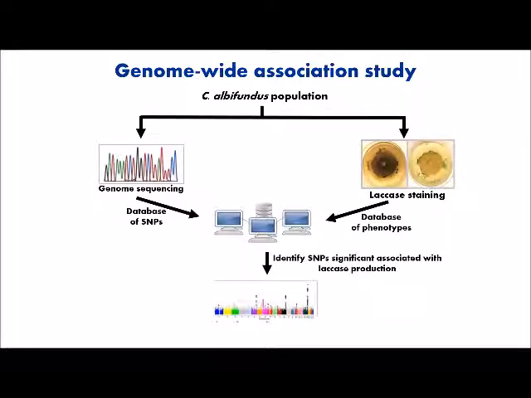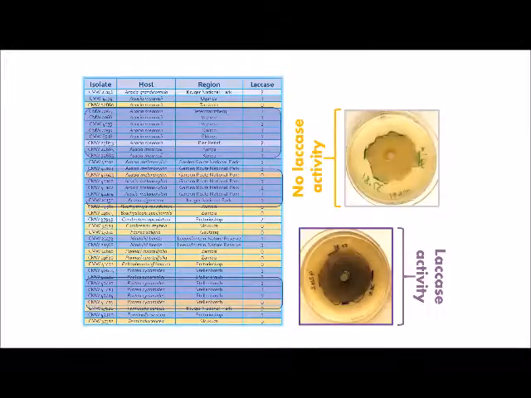The first part of the methodology is genome-wide association studies, for which the SNPs were identified using Golden Helix SVS, and we also observed that the genomic composition of the pathogenic and non-pathogenic Ceratocystis albifundus were different. The fungus that was isolated from the non-native and the native host was stained with alpha-naphthol for Laccase testing.